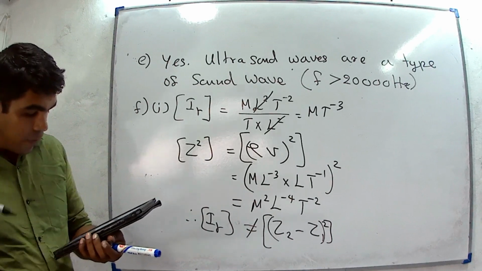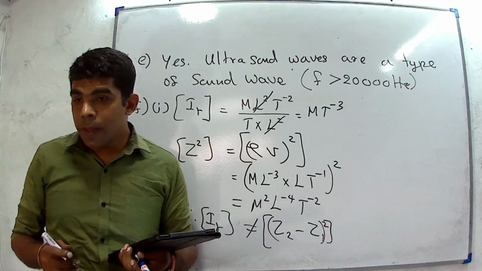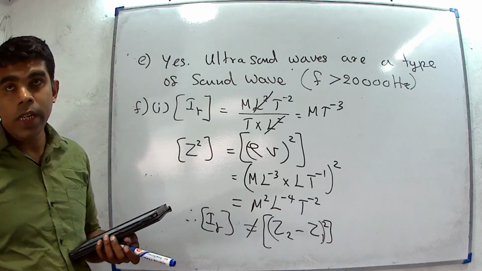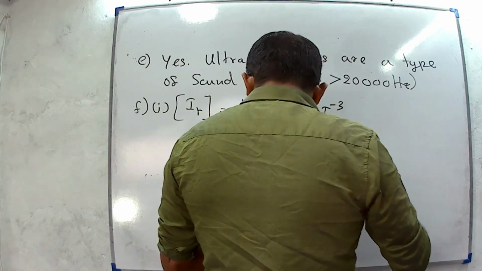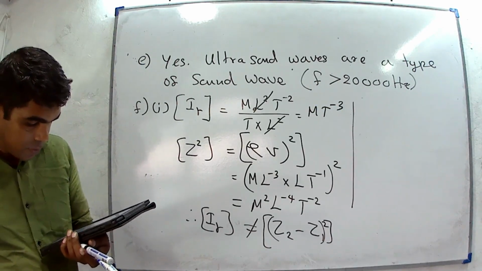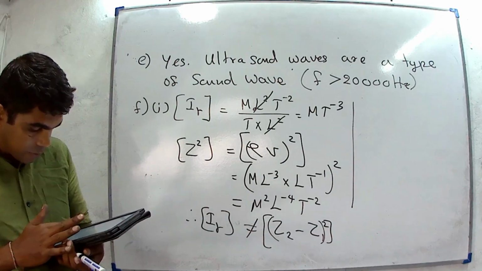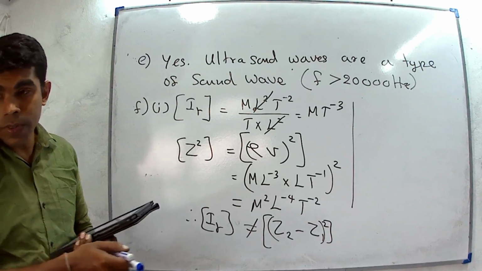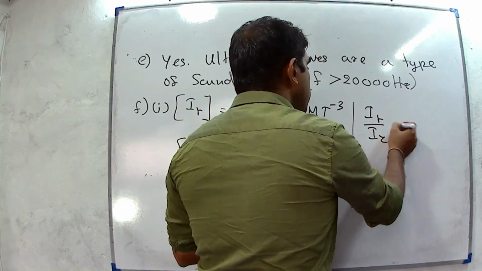Now, if Z2 equals Z1, it means ultrasonic waves will not be reflected. Therefore, when Z1 equals Z2, IR should be 0. Therefore, IR over I is also 0.